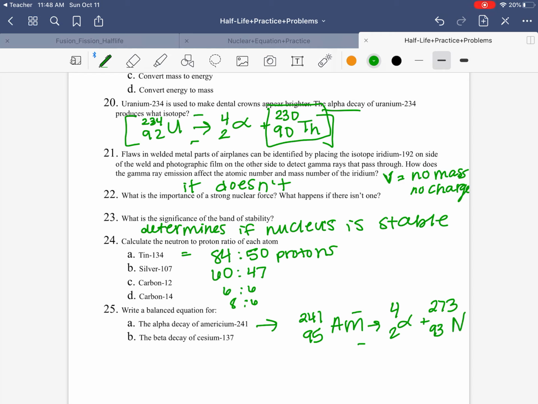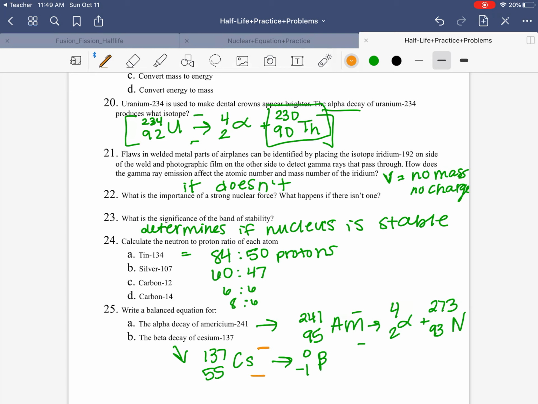Neptunium. Okay, so cesium 137 with beta decay. Cesium is going to have an atomic number of 55, and the symbol is Cs. So beta decay is going to be 0 mass, but a -1 charge, and then the beta symbol. With this one, remember, you're going to be subtracting it regardless.